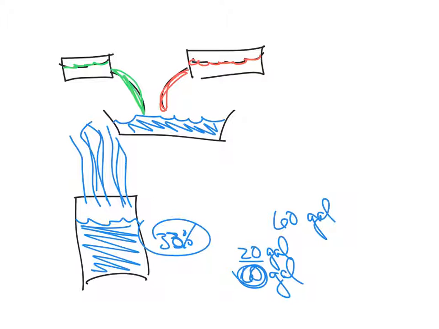Well, let's say that some of that water evaporates, and the salt all stayed there, and we evaporated, say, 20 gallons of water, which means now we only have 40, which means we have 50% of that solution is now salt. So the salt amount didn't increase, but the amount of water decreased. So that changed the concentration. Alright, so that's kind of what we're going to be looking at in this lesson. So let's go ahead and start with the first one.